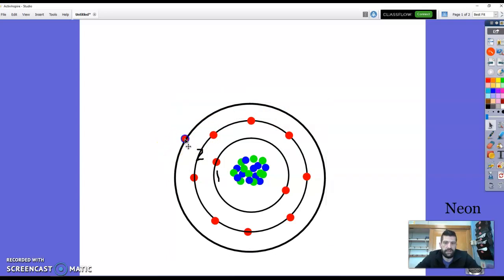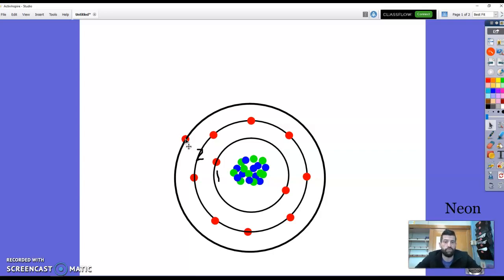And just like the second ring, the third ring can hold up to 8 electrons around the outer ring. Now, once we start getting into bigger rings, there are some differences in the number of electrons. Sometimes they hold different amounts. That's getting beyond what we're doing here in 5th grade.